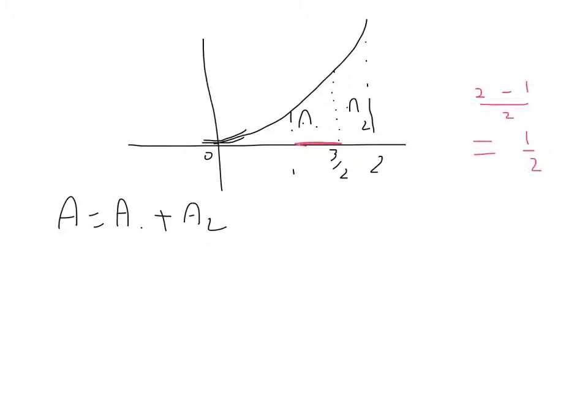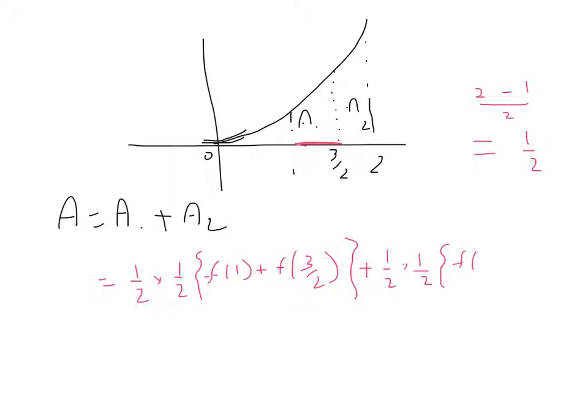Therefore, the area that we're looking for would be a half, the half that comes from the width of the interval. For the first one, area 1 will have f of 1 plus f of 3 over 2. That's the first one. Plus, again, a half times a half.